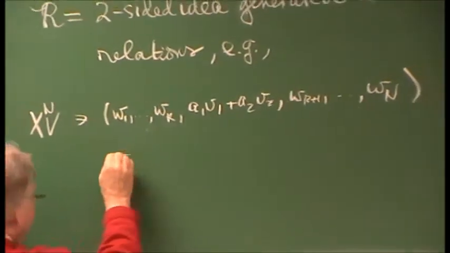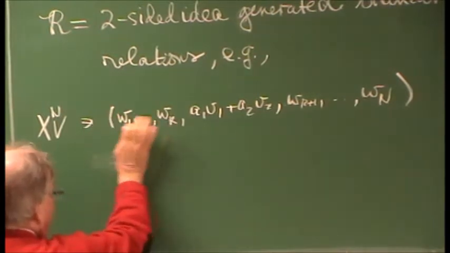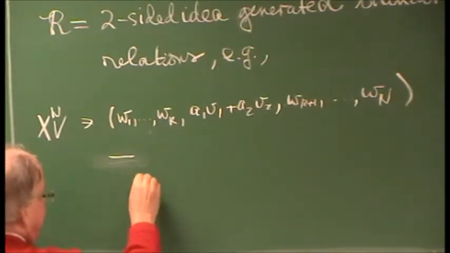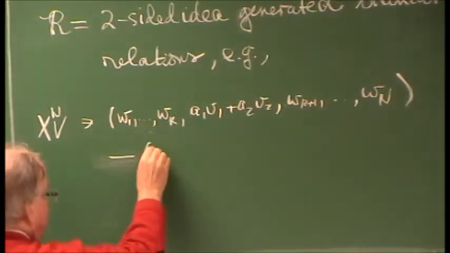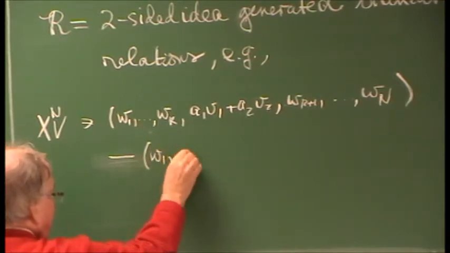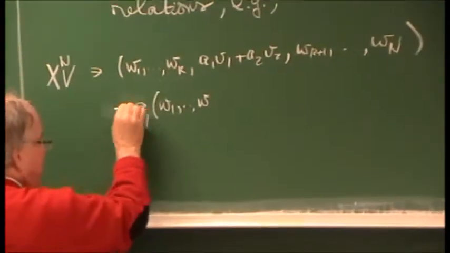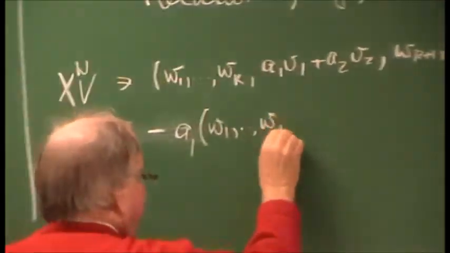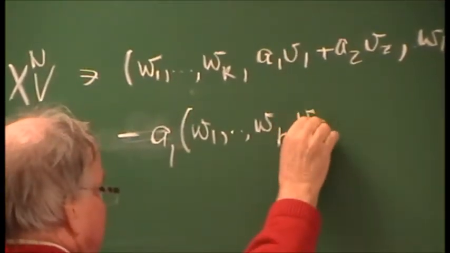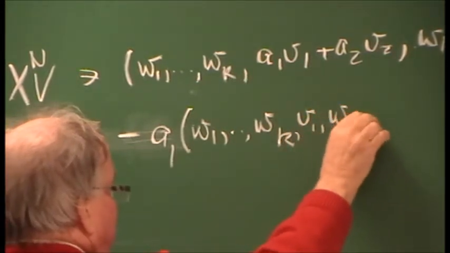This should be equal. So equal means minus in the relation ideal. Minus this thing should be 0. So minus, well, let's put a coefficient out here. A1, W up to WK, and then V1 in the middle here. And then go on with this stuff.